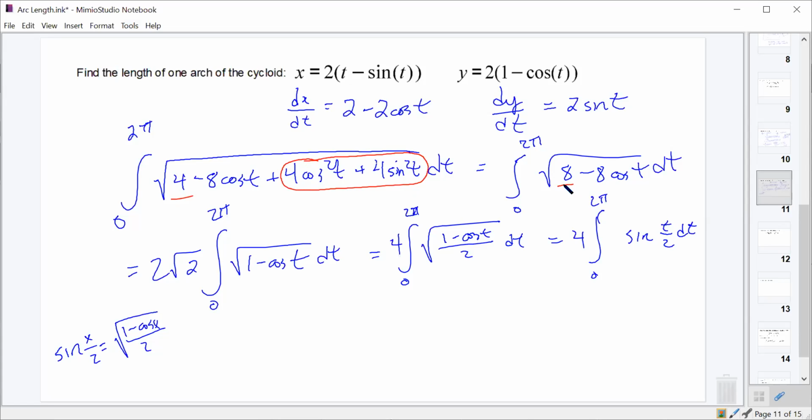And then, so we recognize that this is a piece of the half angle for sine, which is why we added in this over 2 inside of it. Because if I had the over 2 inside of it, I could rewrite it as sine of t over 2, which is something that I can very easily deal with.